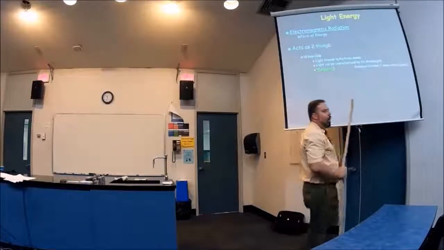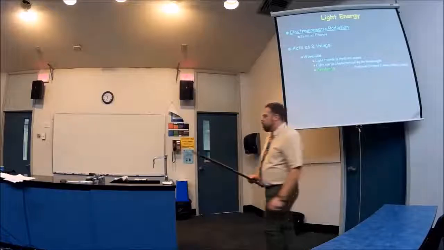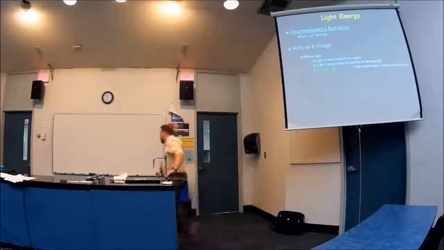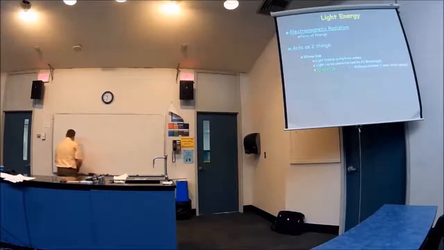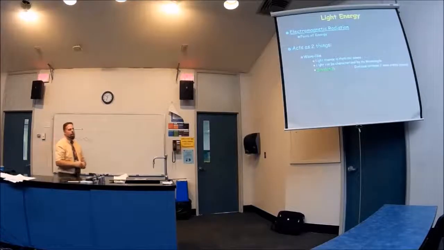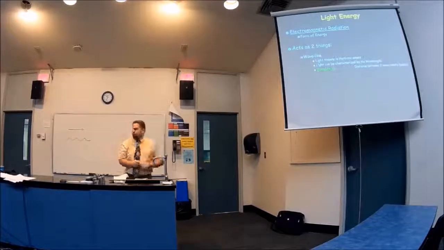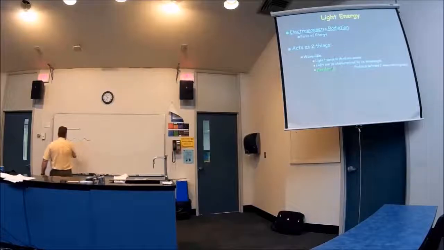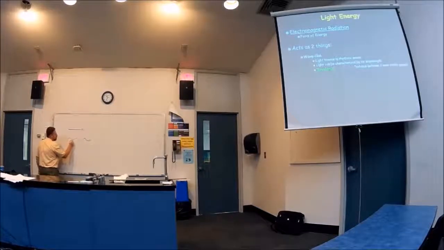It's wave-like. So when you have this radiation, light isn't just going straight like that, it kind of goes like that. It's wave-like. Okay? And a wave goes from a trough to a crest.